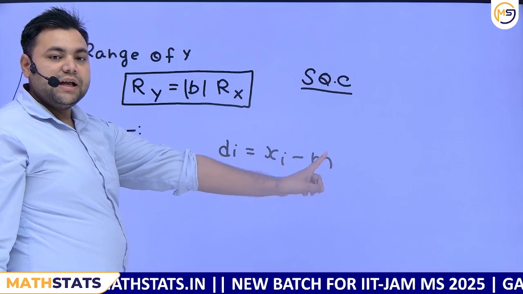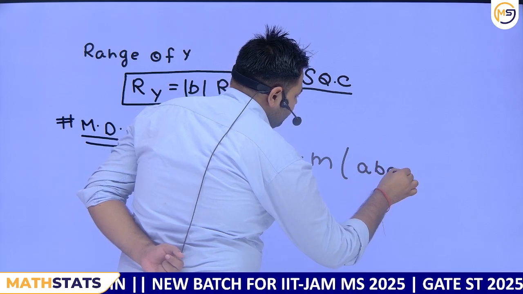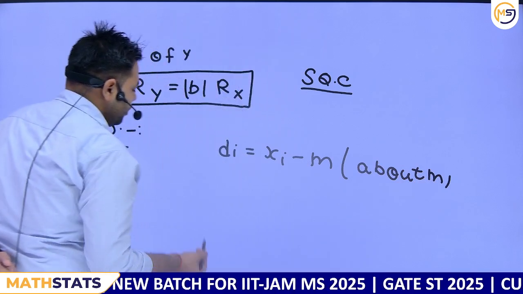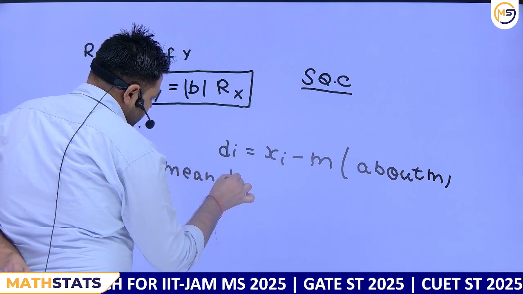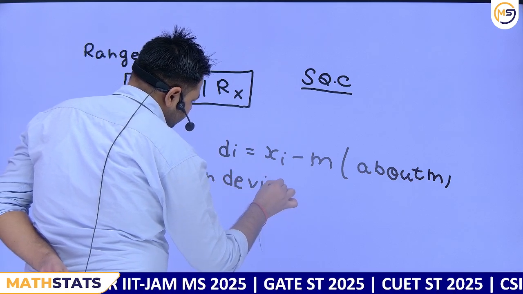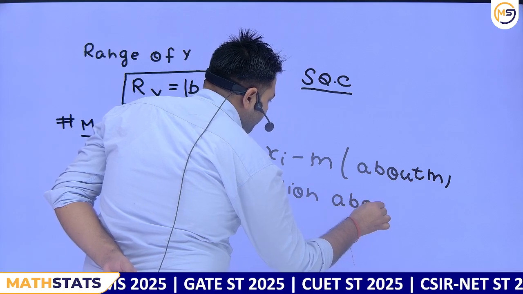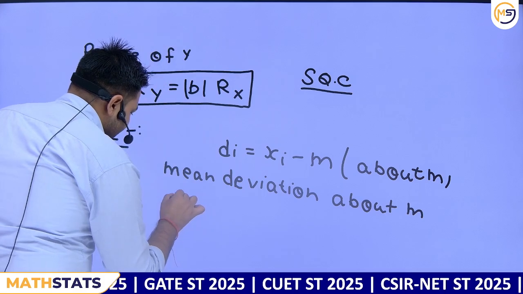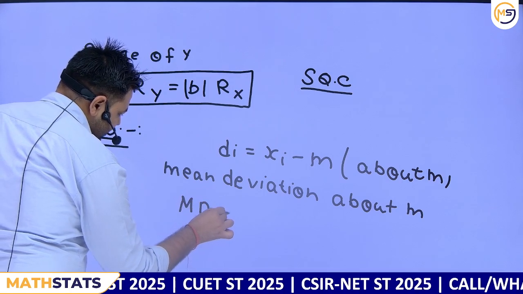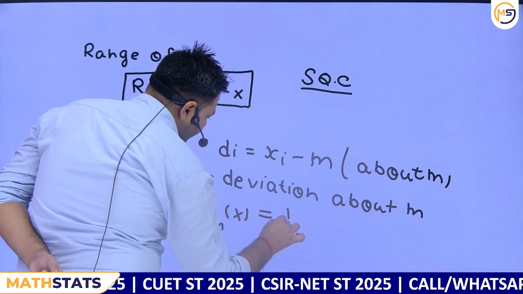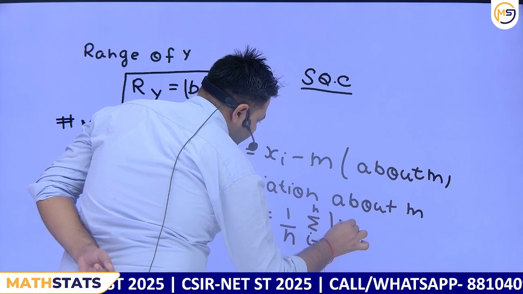Now the mean deviation about point m, or about m, is defined as MD about m equal to 1 upon n summation i equal to 1 to n mod of xi minus m.